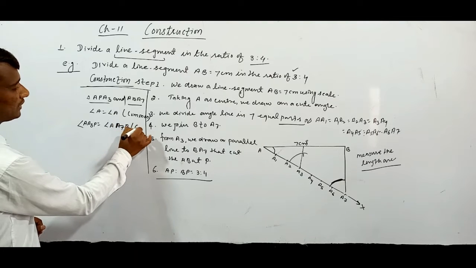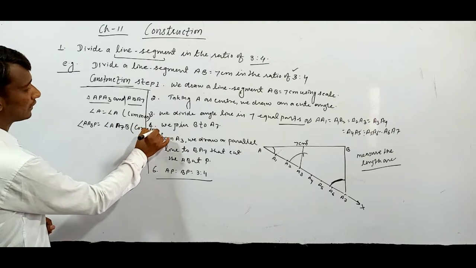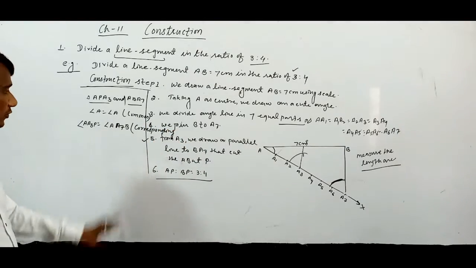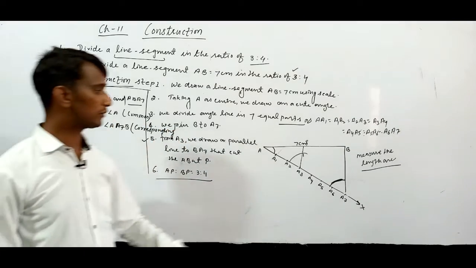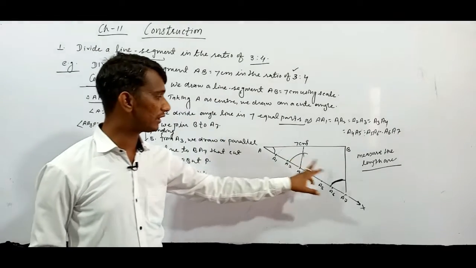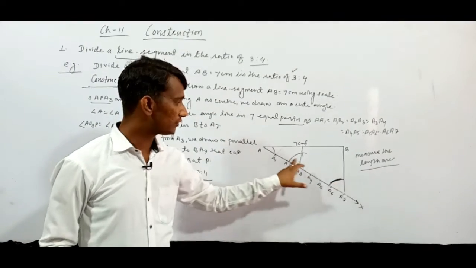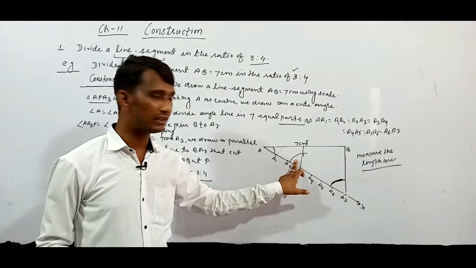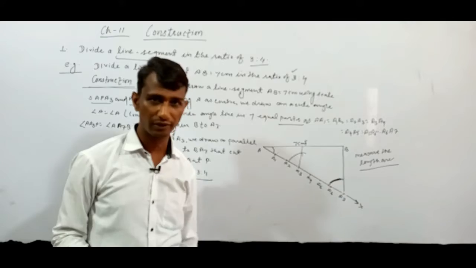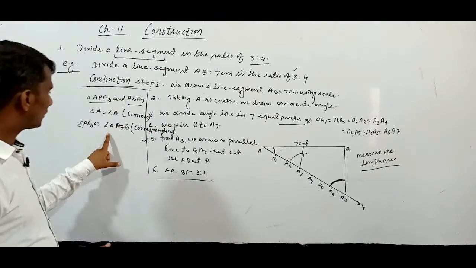Why? Because these are corresponding angles. I told you how to draw the parallel line. Because this angle and this angle are equal, these are the corresponding angles, and then these two lines are parallel. So corresponding angles are given.